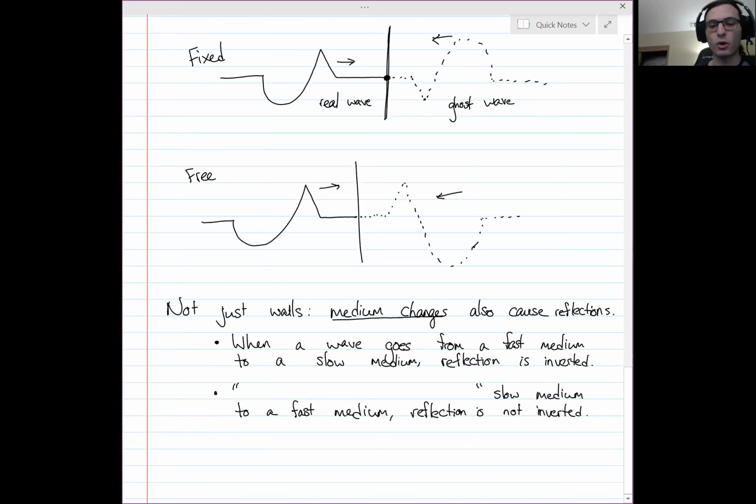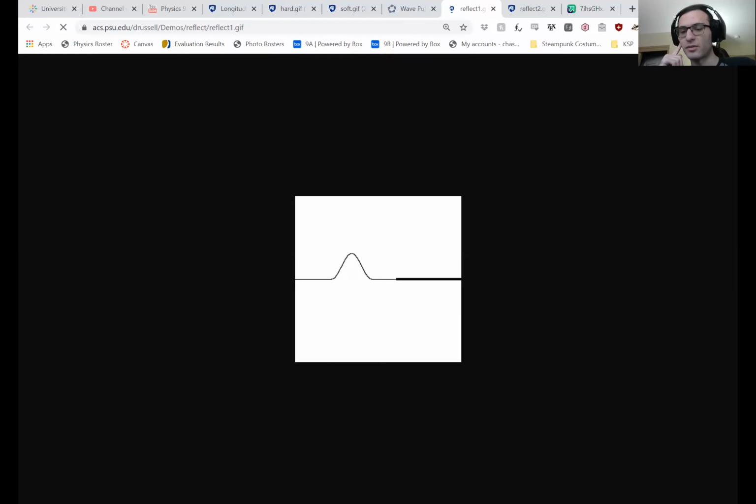Now, again, I have some more animations for you. These will all be posted on Canvas, by the way, or at least they'll be linked to in the notes. Here is a reflection off of a slow medium.